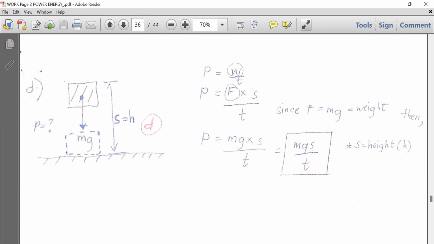Since the force of weight is equal to mass times g, we change F into F weight, which is mg. So instead of F, we write mg multiplied by S over T. For this situation, power is equal to mgs over time. S is the height, the displacement in the y direction.